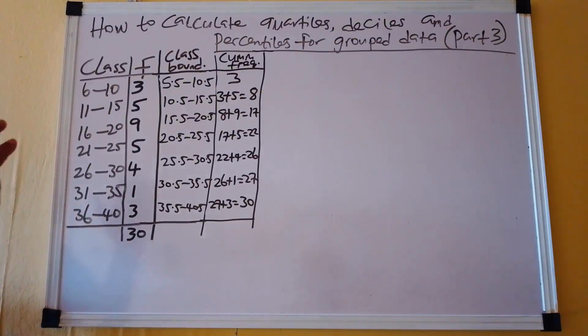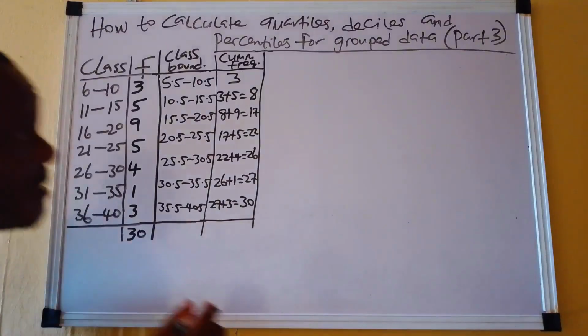Now, there are two key things that are needed anytime you want to calculate percentiles, quartiles, and deciles, because they are measures of position. They are also called measures of location.